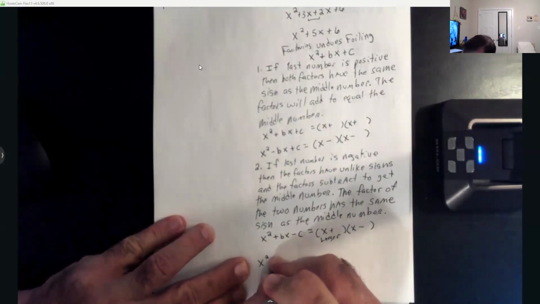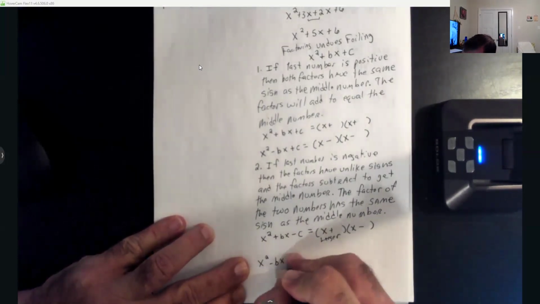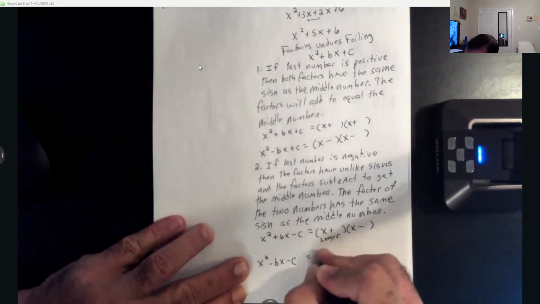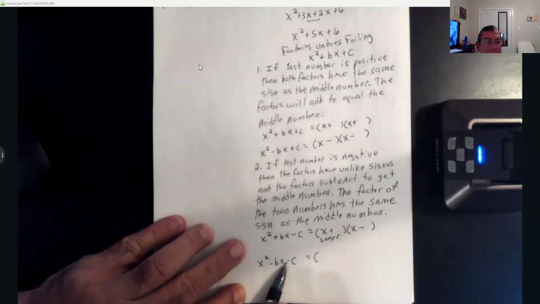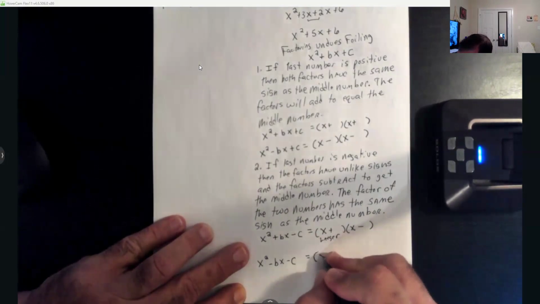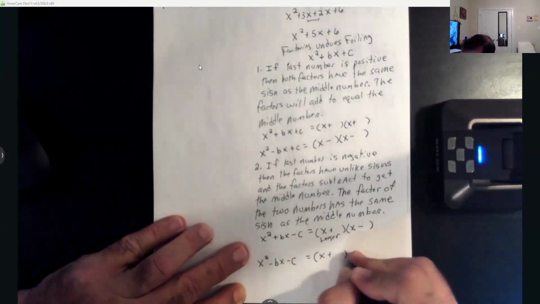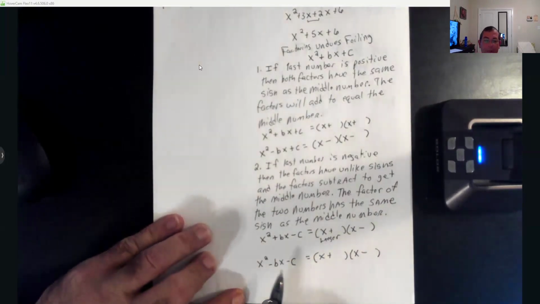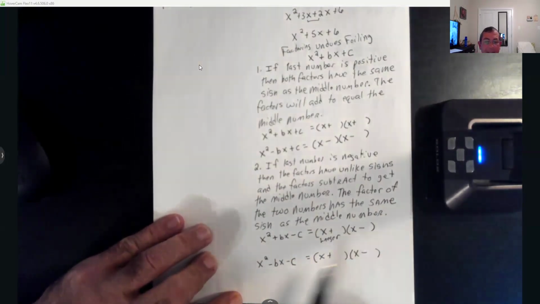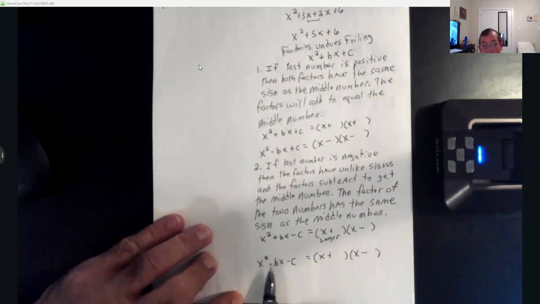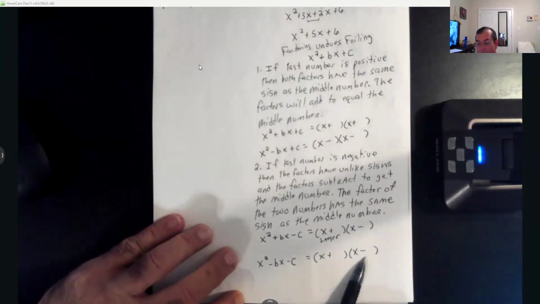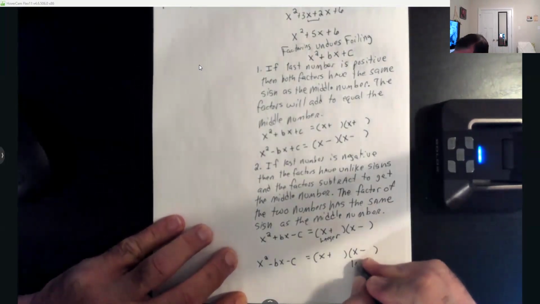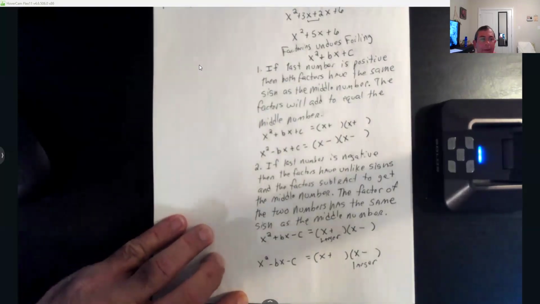And then there's x squared minus bx minus c. All right, the last one's negative, so they're both going to have unlike signs again. But this time, since the middle's negative, the larger factor will be negative. Okay?